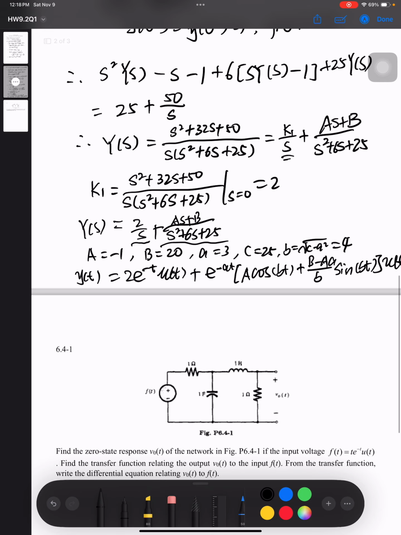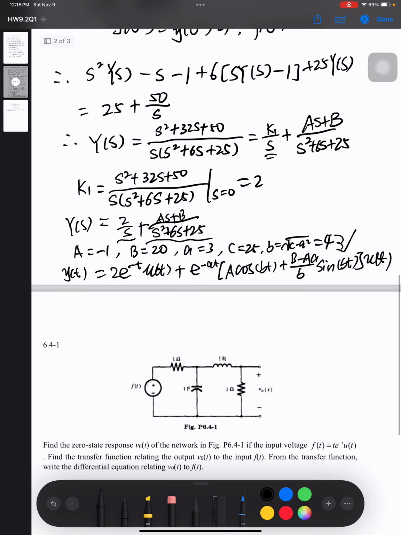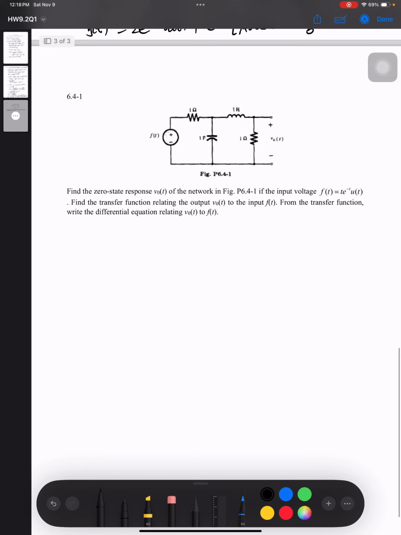We just bring all these values in here and we get the final answer. And this is the first question.